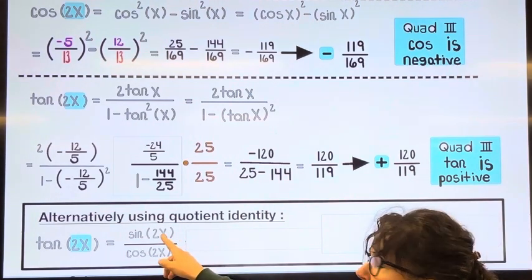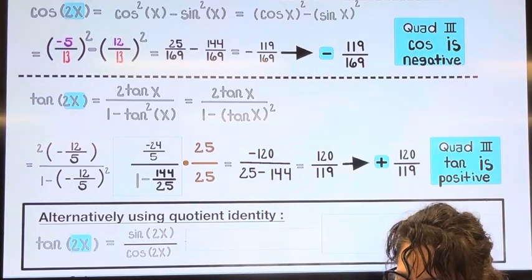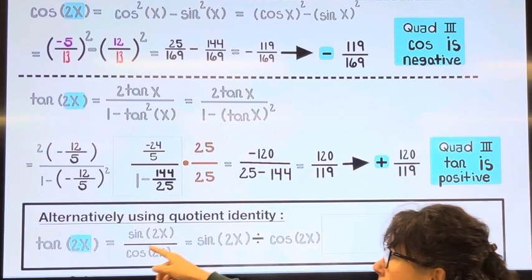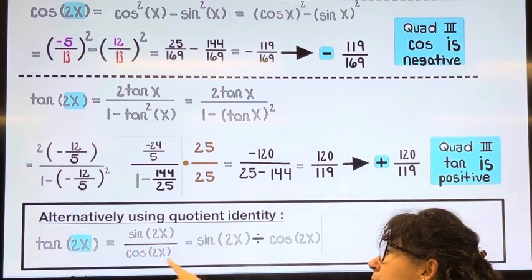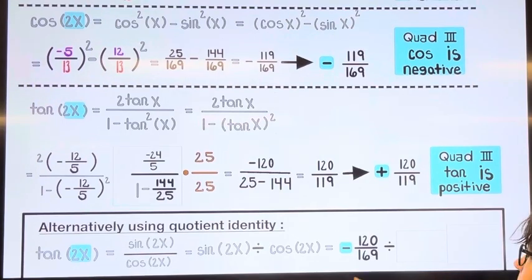And if I already know the answer to sine of 2x and I already know the answer to cosine of 2x, I could just take sine of 2x divided by the cosine of 2x, which happened to have been negative 120 over 169 divided by negative 119 over 169, and I end up getting the same answer.